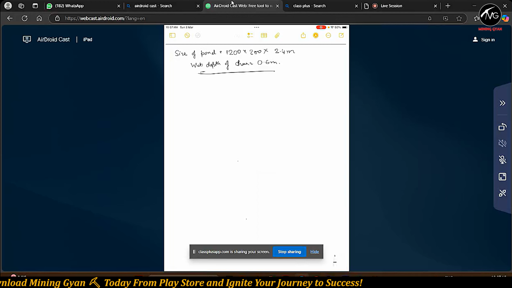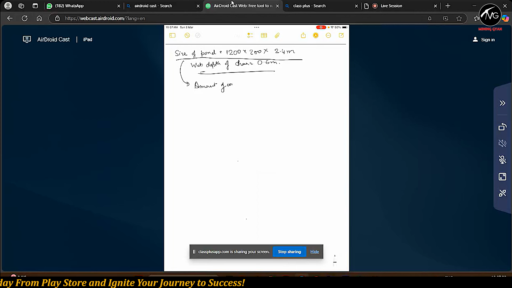So depending on the size of the panel, the amount of coal extracted is equal to 1200 into 200 into 2.4 meter cube. Okay, so this would be the total amount of the coal that one needs to extract.